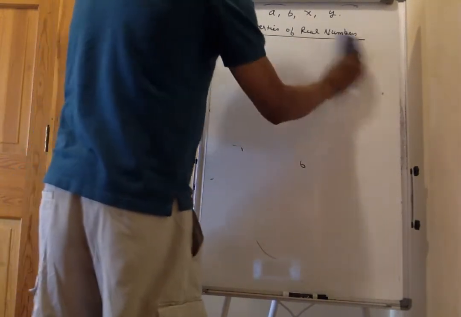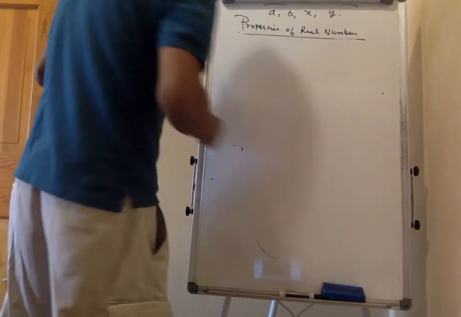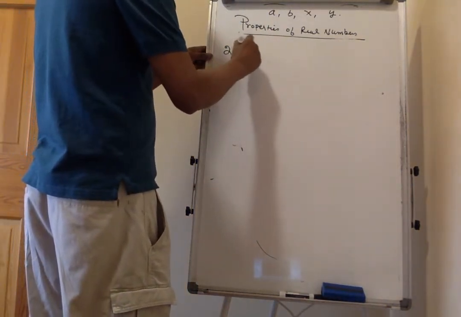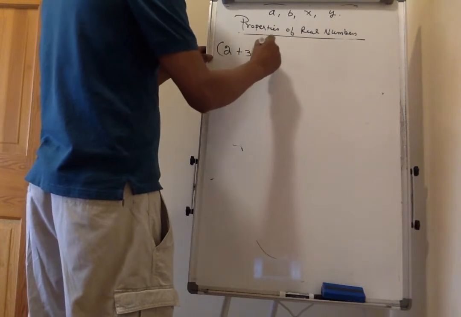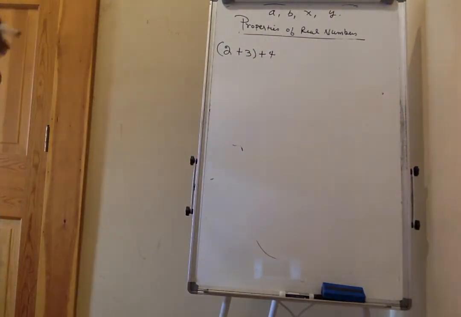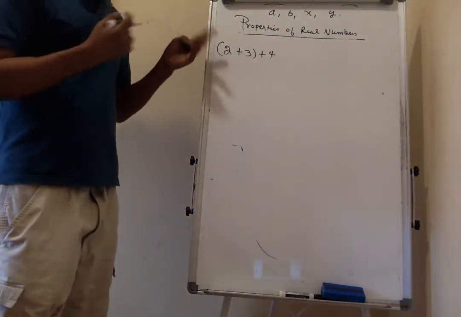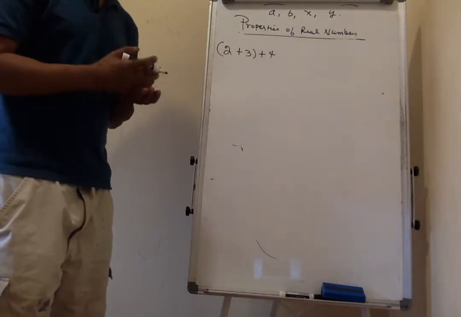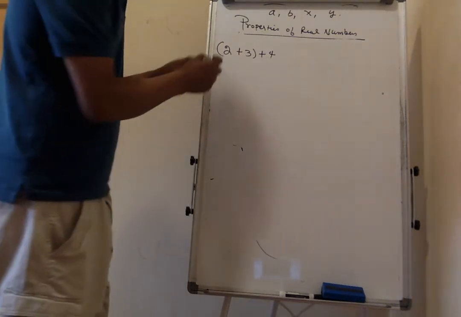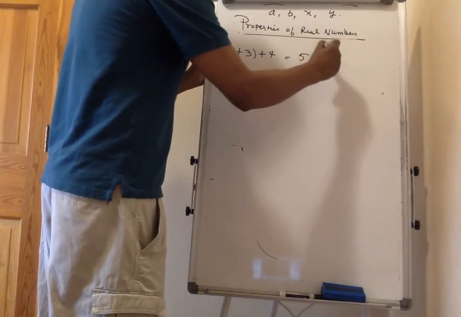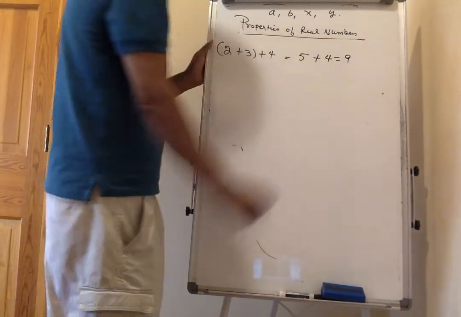Now, you could also see us adding 2 plus 3 plus 4. And now I'm having three distinct real numbers. There is an order when we have a parenthesis. So meaning what? We have to solve the one in the parenthesis first. So 2 plus 3 is 5, and 5 plus 4 is equal to 9.